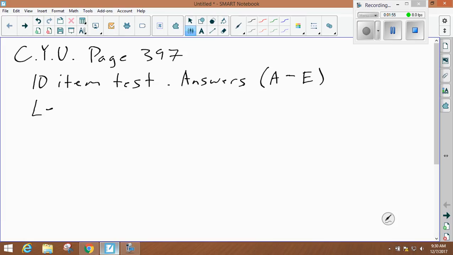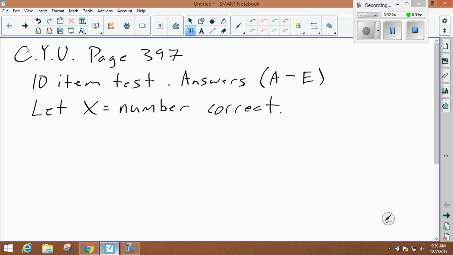If we have the random variable x be the number correct.